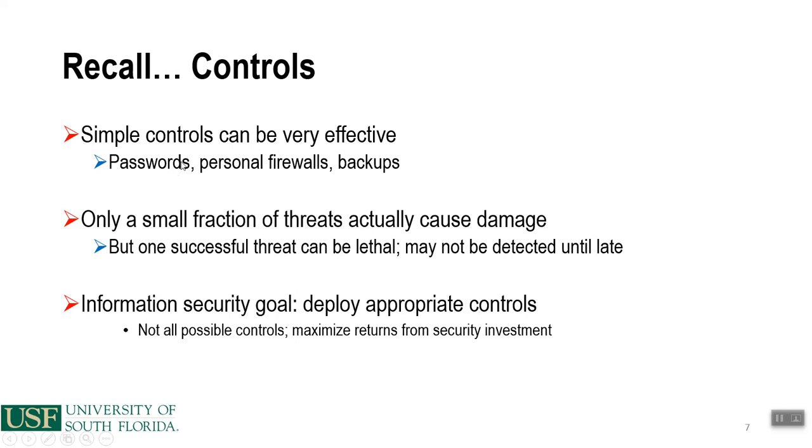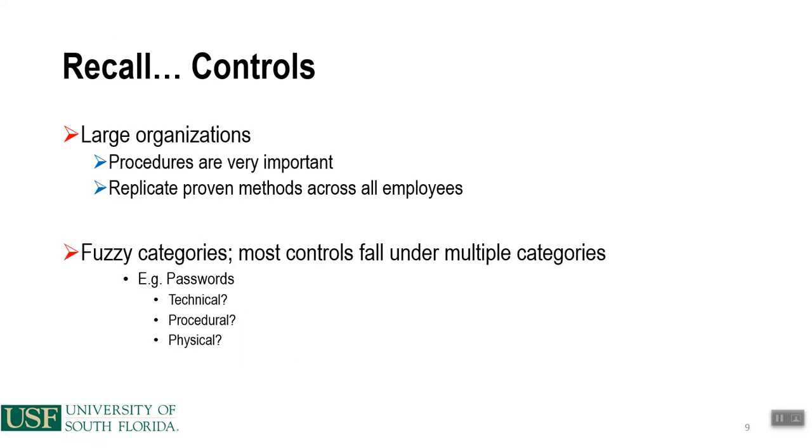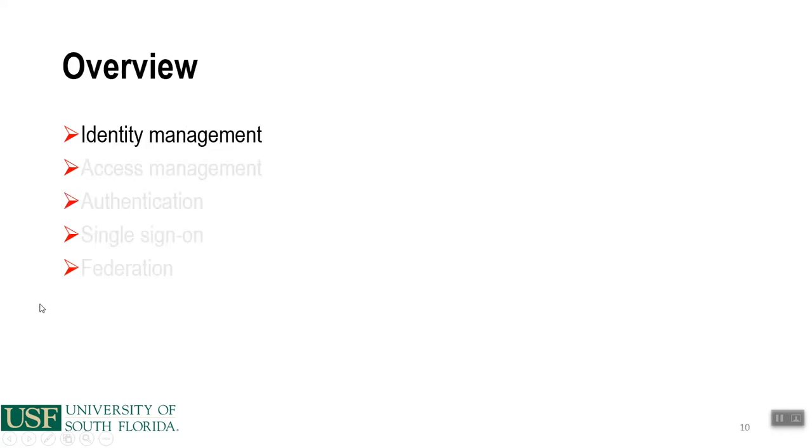And only a small fraction of threats will actually cause damage. The information security goal is to deploy the appropriate controls within an organization. And remember that there can be 3 different types of controls: physical, procedural, and technical, but not all of them are exclusive to one category. A single control may fall under multiple categories.